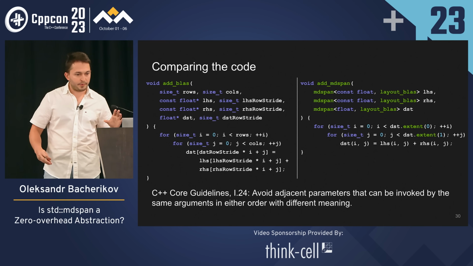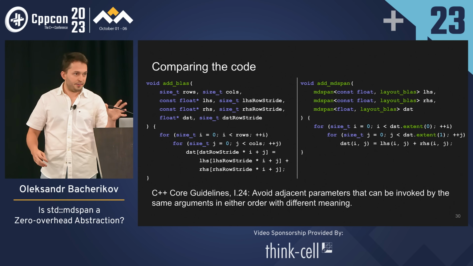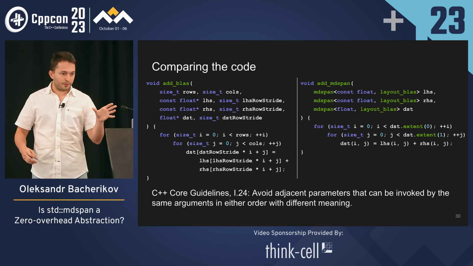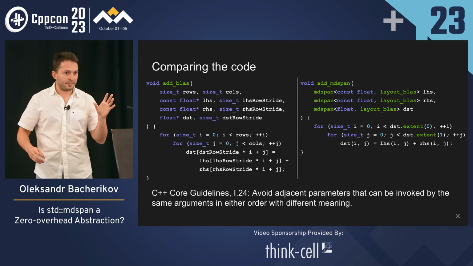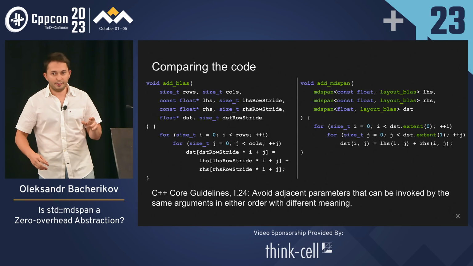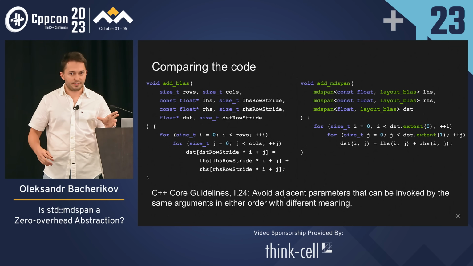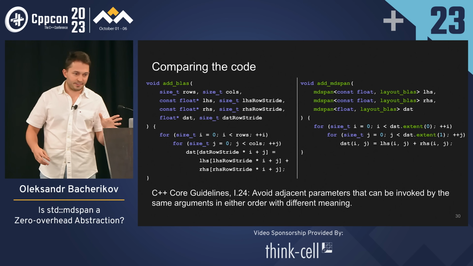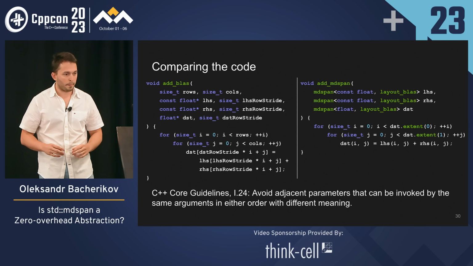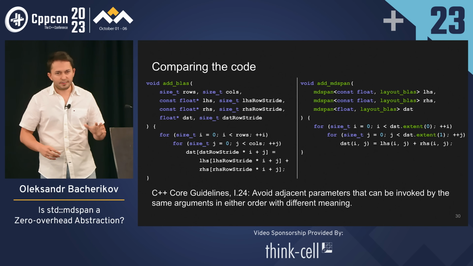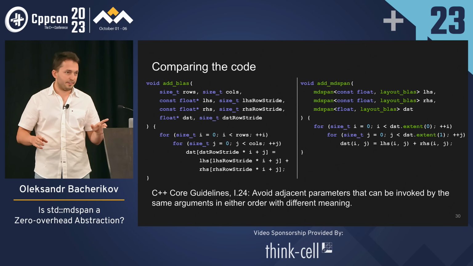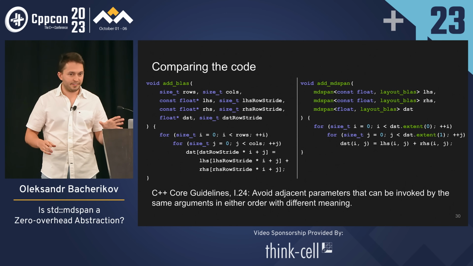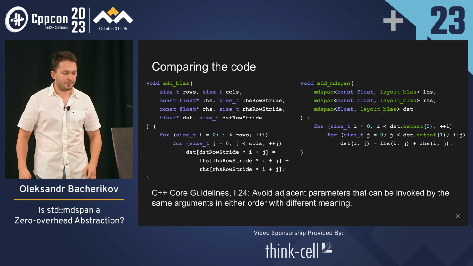Now, looking at our mdspan version, if we have 3 spans where 2 are const and 1 non-const, you literally cannot mess up calling this function because addition is commutative, so no matter in which order you pass the inputs, as long as the output is in its place, the call is correct. And actually, if all of them are non-const, we could also fix this by somehow wrapping the output parameter and specifying it explicitly.